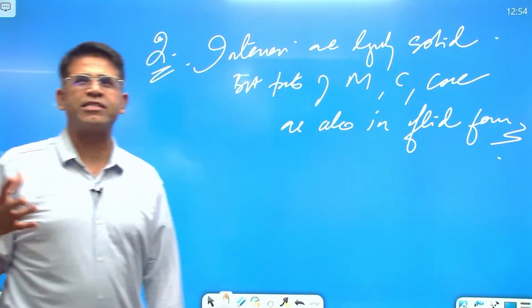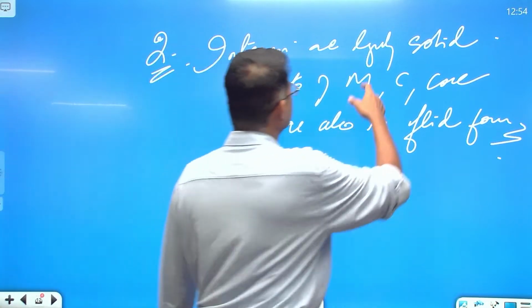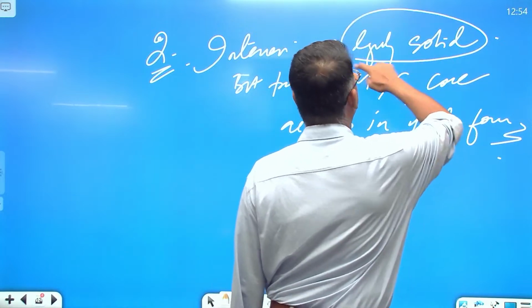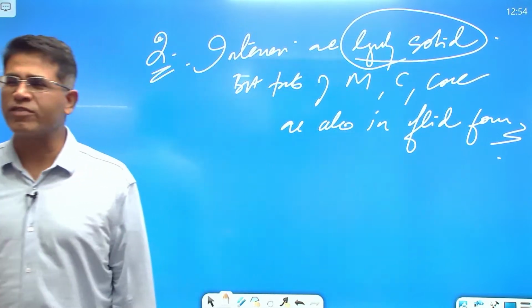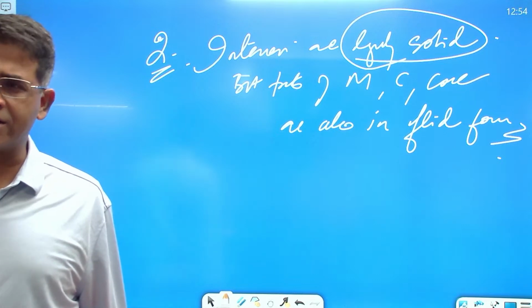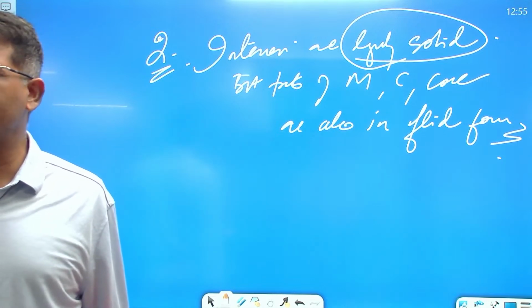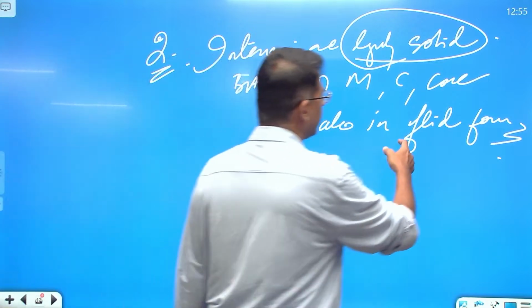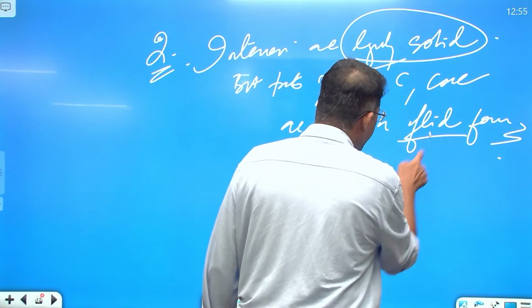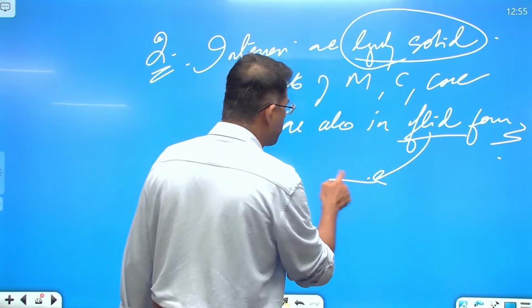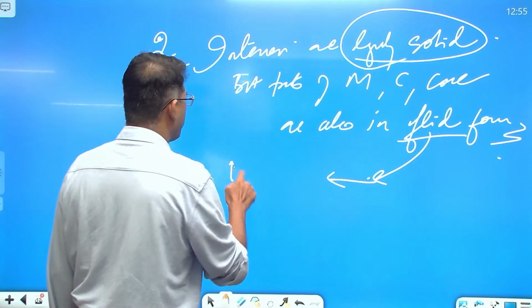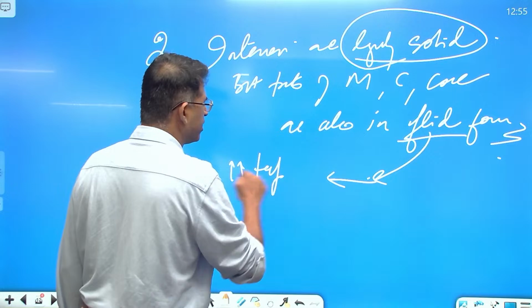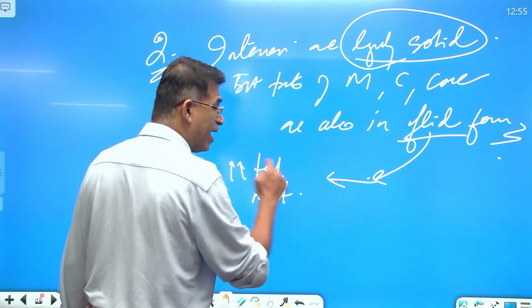The state is that much of the Earth's interior is solid, but parts of the mantle, parts of the crust and the core are also in the fluid form. Fluid form as in it can flow. And the fluid form is partly because of very high temperatures which can melt the rocks.